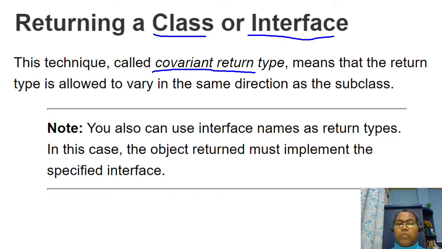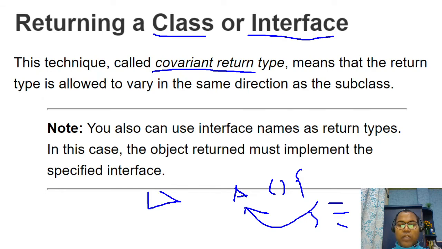What it means is, if this method returns a value of type class A, you can return an object of A, or you can return a subclass of A as well. Let's say A is the superclass and B is the subclass. You can return an object of B as well. This is known as covariant.